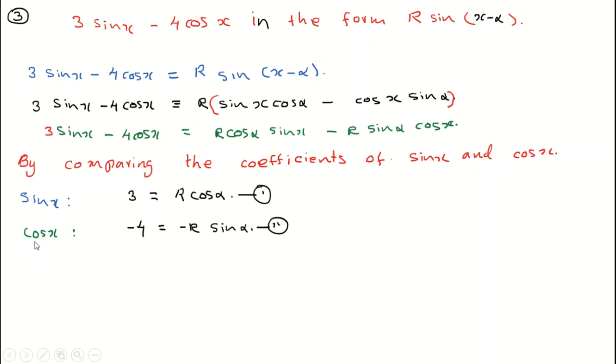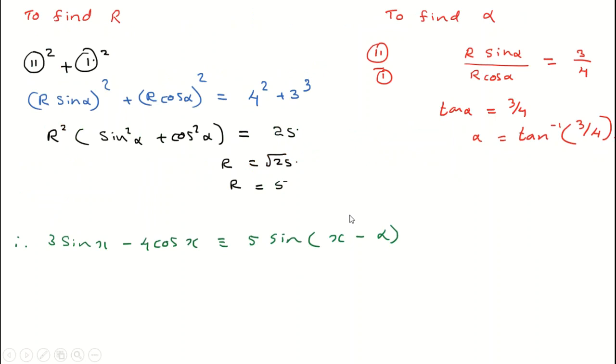Again, if you compare the coefficients of cos x, the coefficient of cos x on the left hand side is minus 4, and on the right hand side it is minus r sin alpha. So this will give you 4 is equal to r sin alpha when you multiply both sides by a minus. To find r, as usual, we square both the equations and add: r sin alpha squared plus r cos alpha squared is equal to 4 squared plus 3 squared.